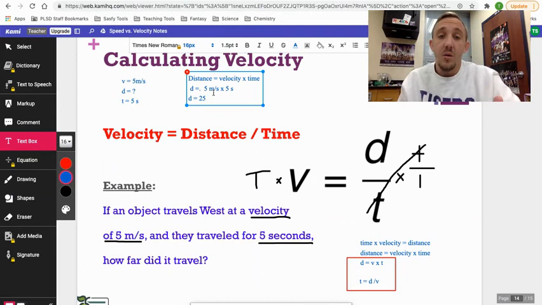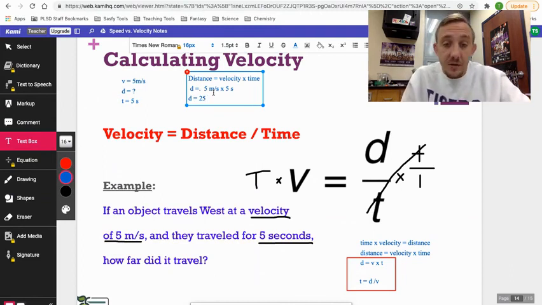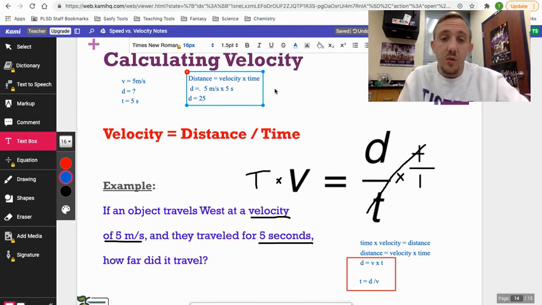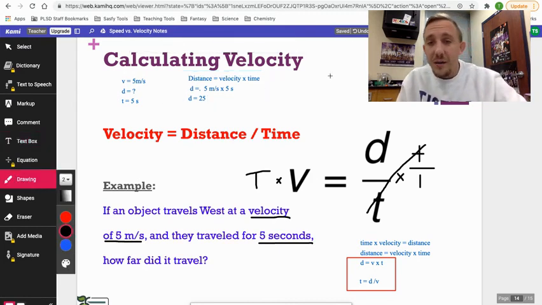Okay? And so when we do that, 5 times 5, your distance equals 25. Now, some of you are going to be looking at this as if, what do I do with my units? Well, I'm going to write this out. I have 5 meters over seconds, and I'm multiplying it by 5 seconds.